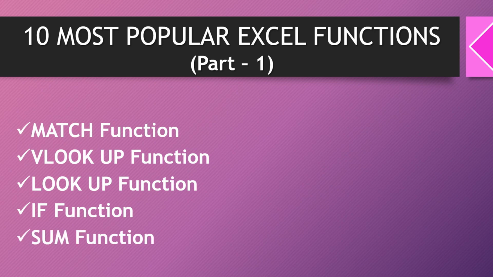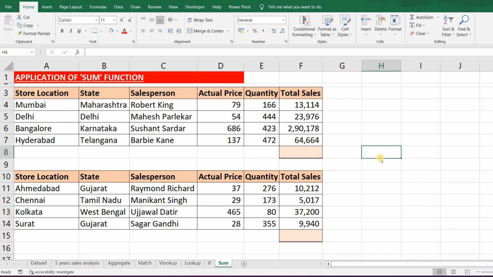And our last and most important function is the SUM function. Sum function, as the name suggests itself, adds the values. It could be either individual numbers, cell references, or cell ranges, or a mixture of all of these. Let's take an example. Here I want to add all of these cells.